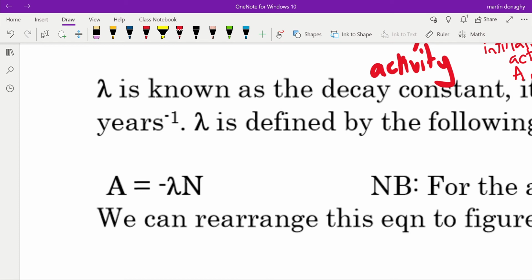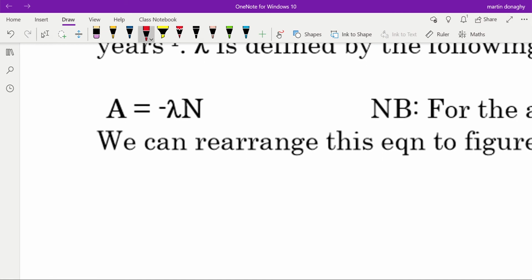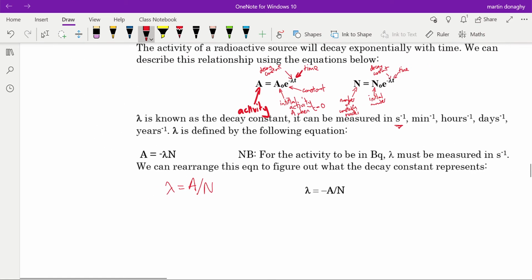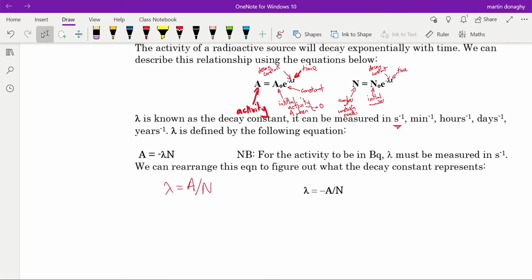Now we can rearrange that equation to work out what the decay constant is. If we rearrange that and ignore the minus sign, we get that it's A divided by N. We can then say what that represents. A is the activity, the amount of radiation that is given off by a source in, say, 1 second.